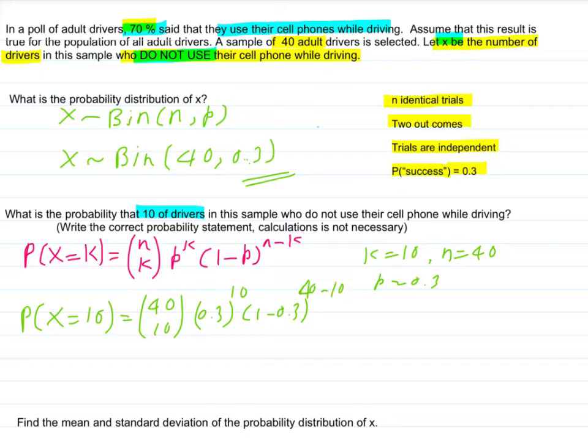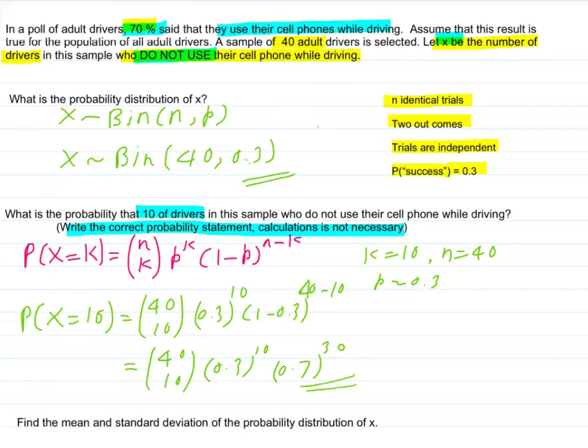In these problems, it says to write the correct probability statement. Calculation is not necessary, so you don't have to simplify, but it's better to keep it in a simple form: 0.3 to the 10, and 0.7 to the power 30. So that is the probability that 10 drivers in the sample do not use their cell phone while driving.